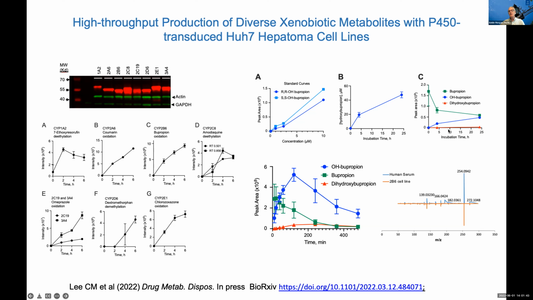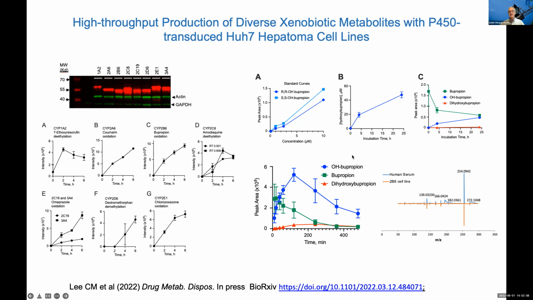And this is a bona fide in vivo metabolite. It had been reported only once before, I believe, that we could find in human urine samples, but the source of that metabolite was not known. But now we can say that it's generated by CYP2B6 in the liver.